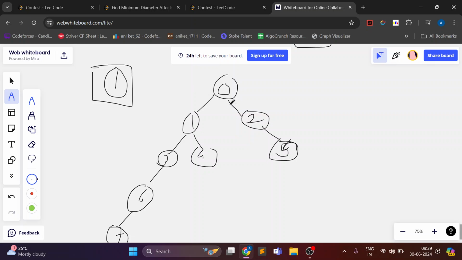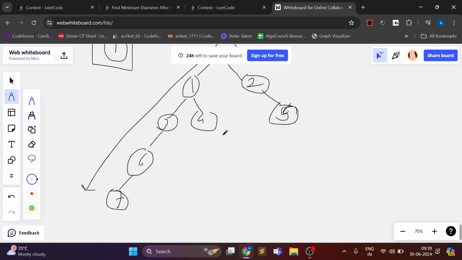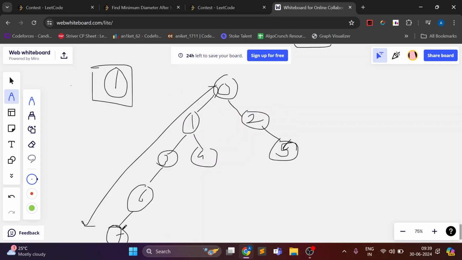In this case, the height path would be 0 1 3 6 7. So this would be the height of the tree. Now from this point, whichever is the farthest point would give the diameter of the tree.